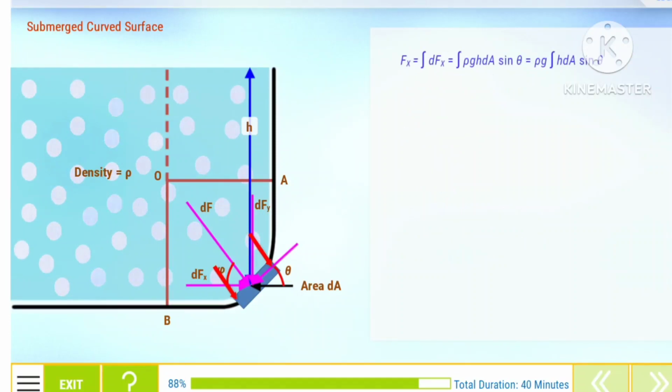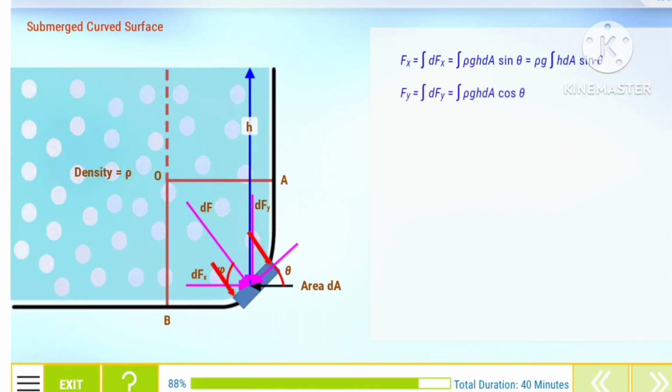The total forces in the x and y directions are Fx is equal to integral of dFx, which is equal to integral of rho into g into h into dA into sine theta, which is again equal to rho into g into integral of h into dA into sine theta.